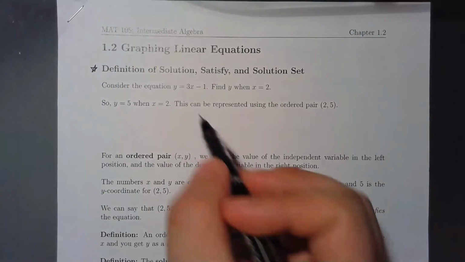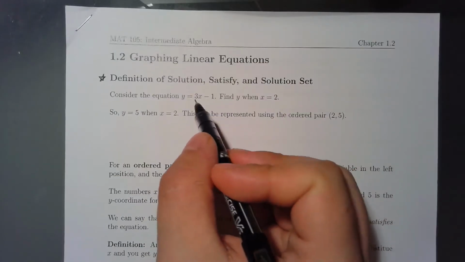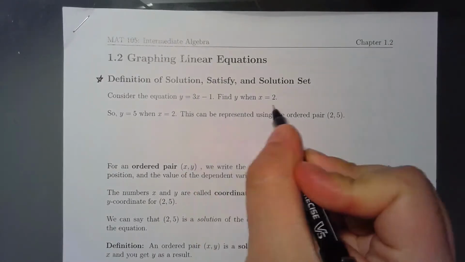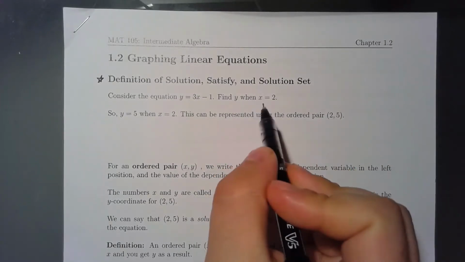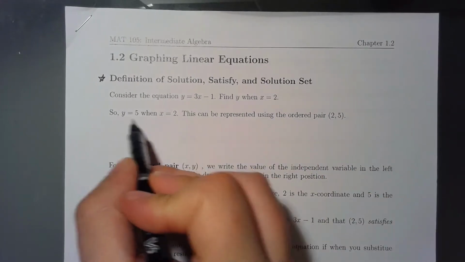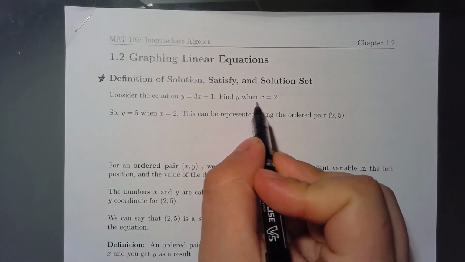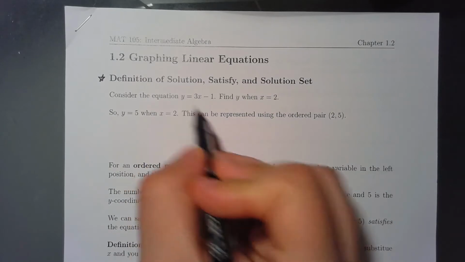So, for example, if I have the equation, a very basic equation, y equals 3x minus 1, and we're asked to find y when x equals 2, all we're doing is plugging it in. When x equals 2, we just plug it in here to find what y is.